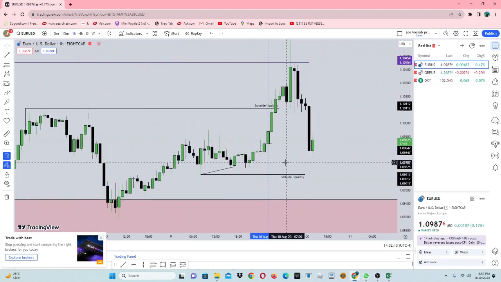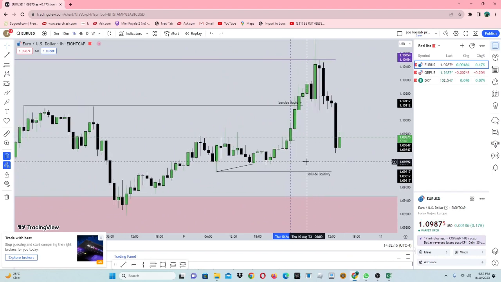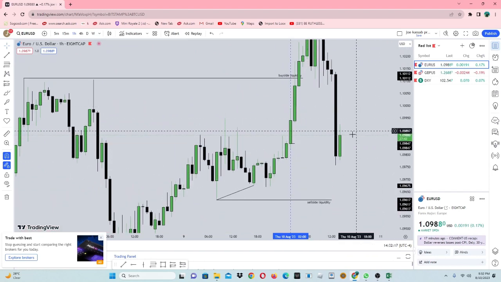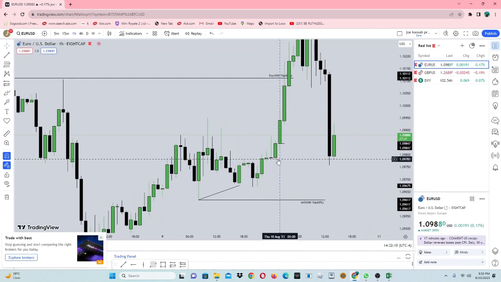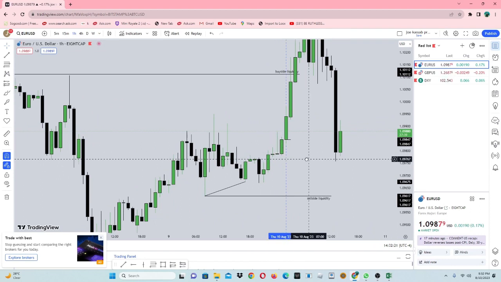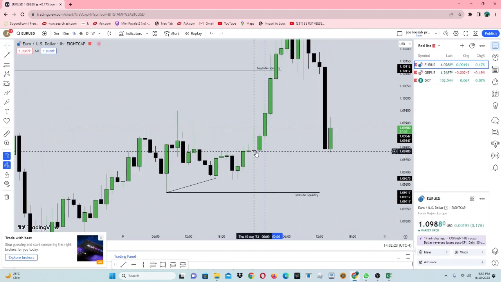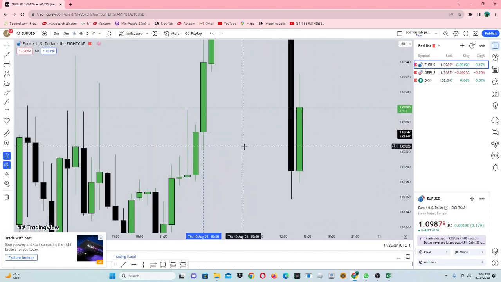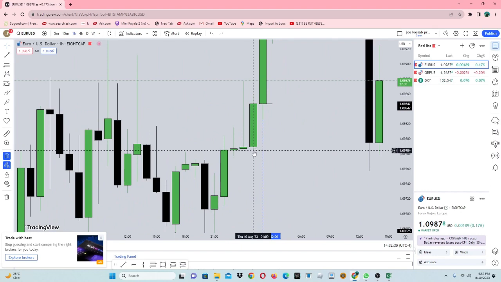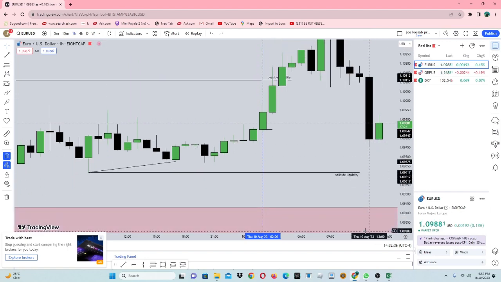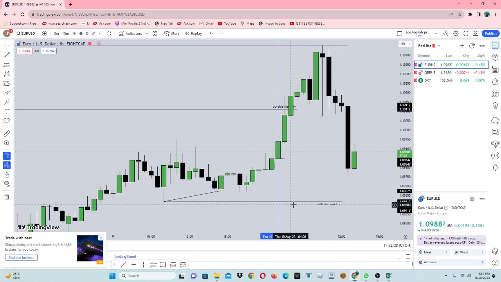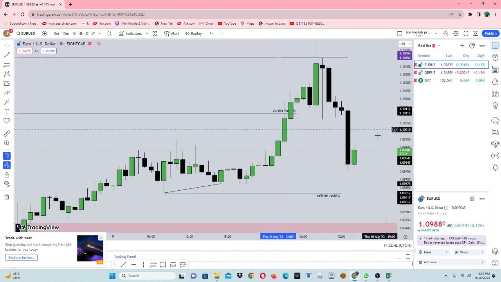So what I actually saw is that when the swing formation is happening, there is a sweep of the previous candle low. So as you can see, this is a sweep of previous candle low, then expansion into the side of my daily bias.